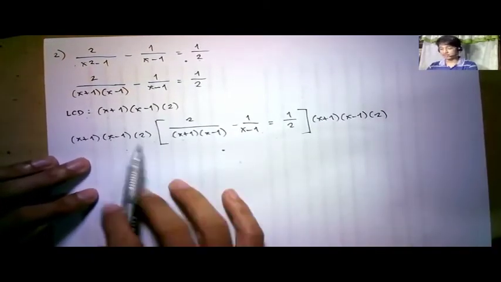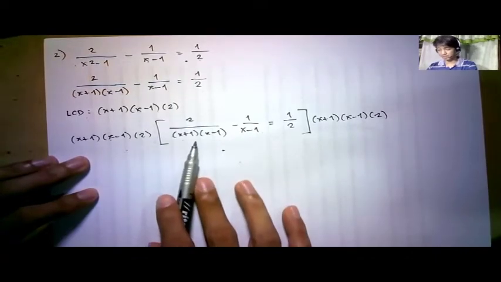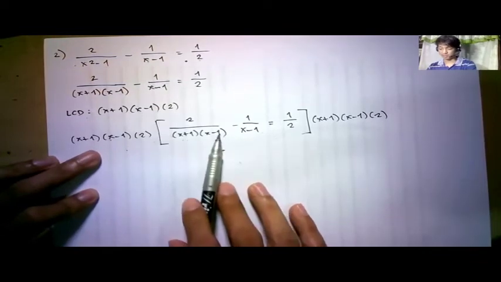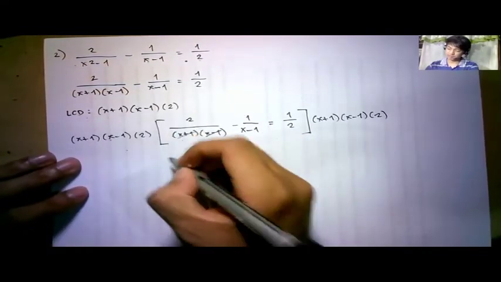Again, LCD times 2 over x plus 1 times the quantity x minus 1. So we can cancel out x plus 1 and x minus 1 here. The remaining terms will be 2 times 2 minus.